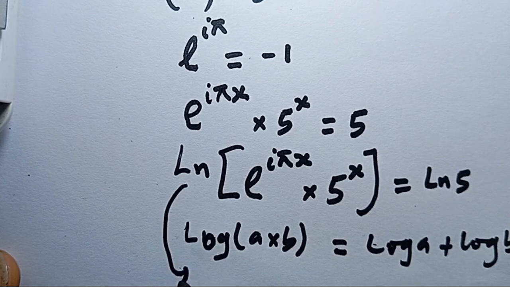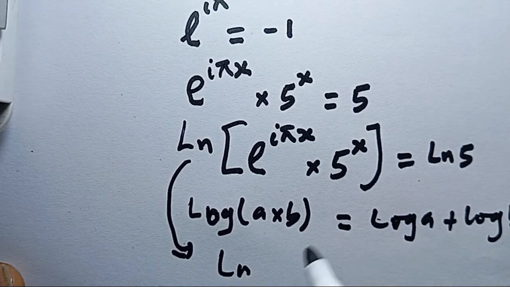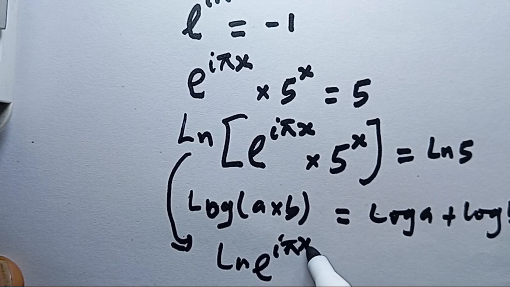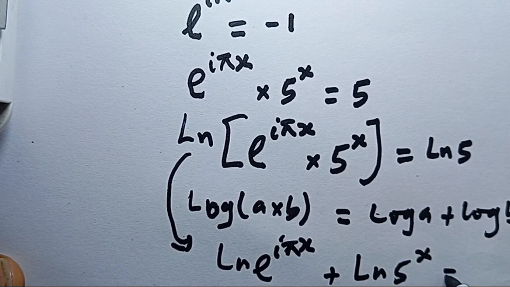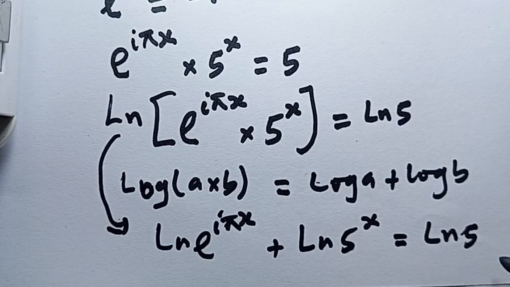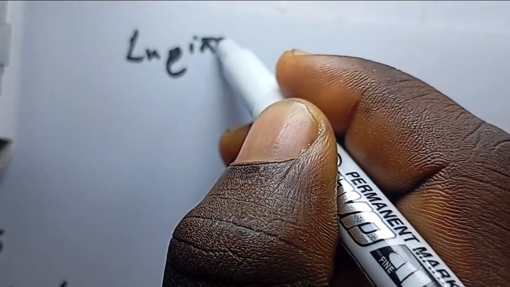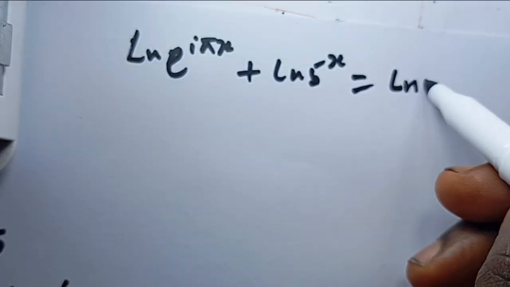So that being said, this stuff is actually going to change to natural log of exponential of I pi x and then plus the natural log of 5 power x, and all of these will still be equal to the natural log of 5. Okay, so moving on, what I'm going to be having at this point is the natural log of exponential I pi x, plus the natural log of 5 power x is equal to the natural log of 5.